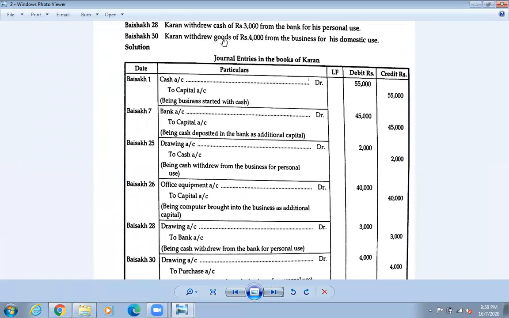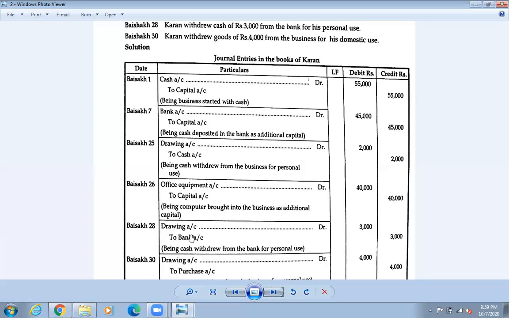You are withdrawing goods, not money. Goods means items. It may be chaucho, it may be a bed, or suppose you are the owner of Kurkure, then you have taken out Kurkure. If you have a lollipop shop, your child will take lollipops. In the same way, these are withdrawals. Withdrawn account means drawing account, so drawing account must be written at the top.